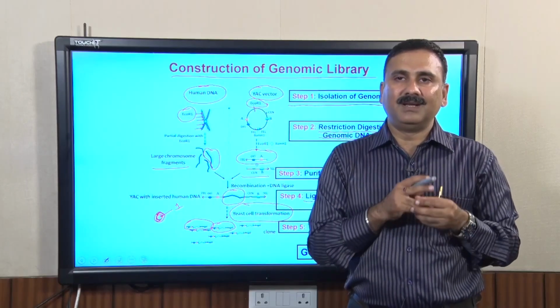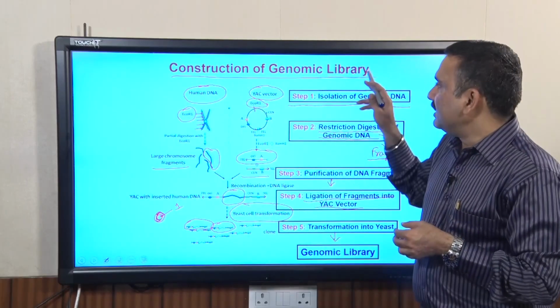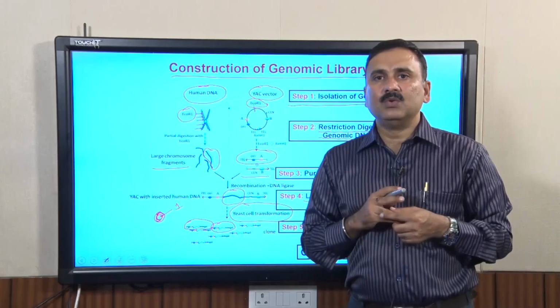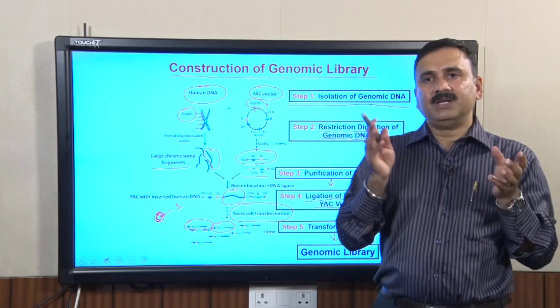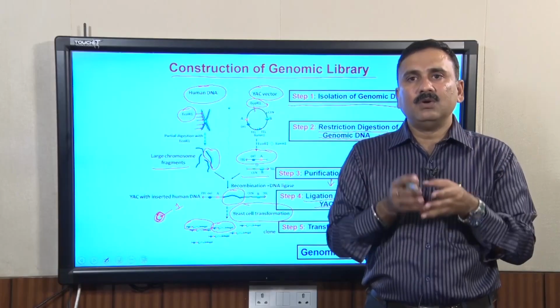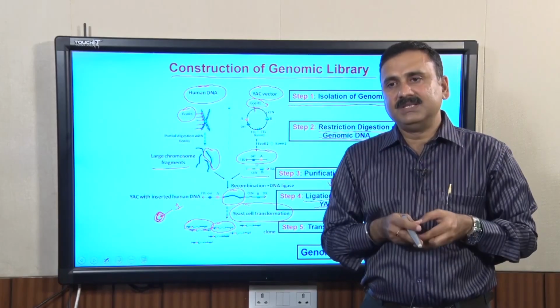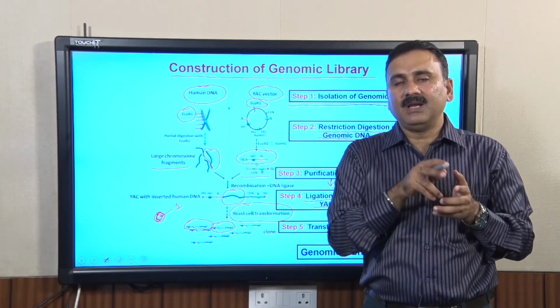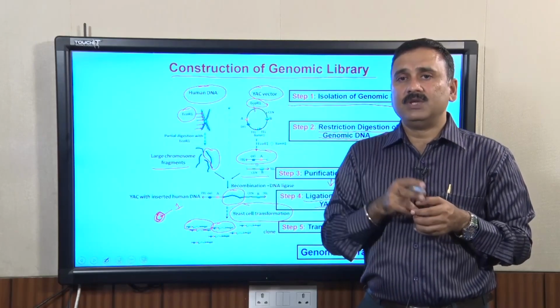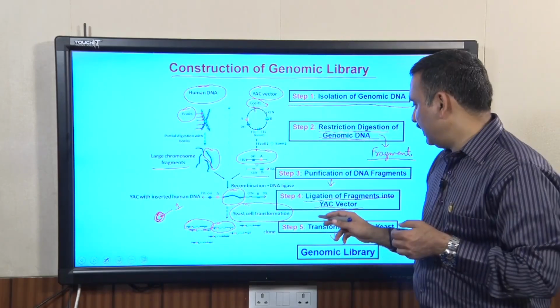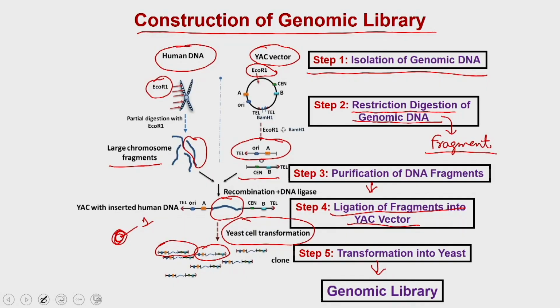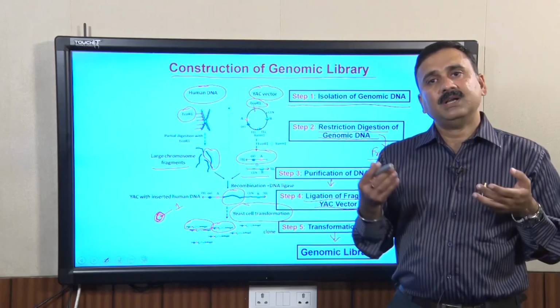Similarly, a genomic library has a collection of the genes constituting the genome, all present in different clones which you get at the end. So, after step 5 you get different clones which constitute the genomic library.